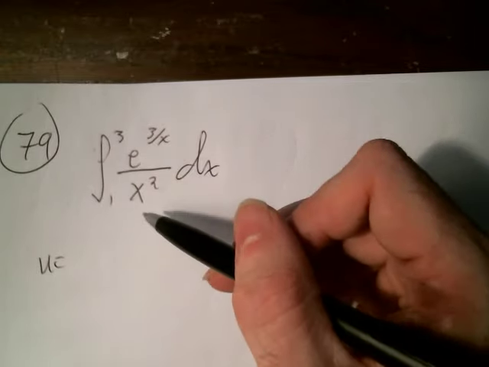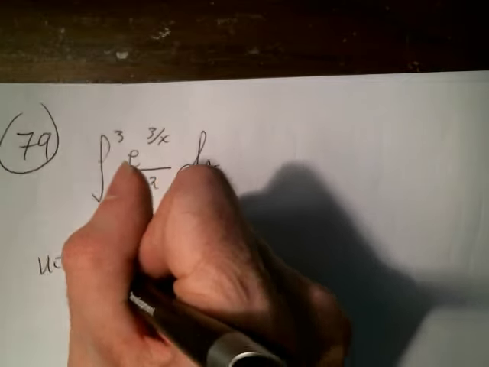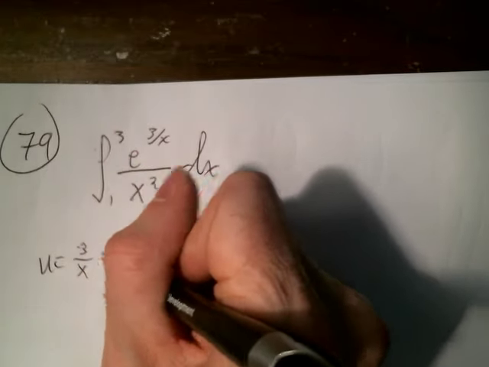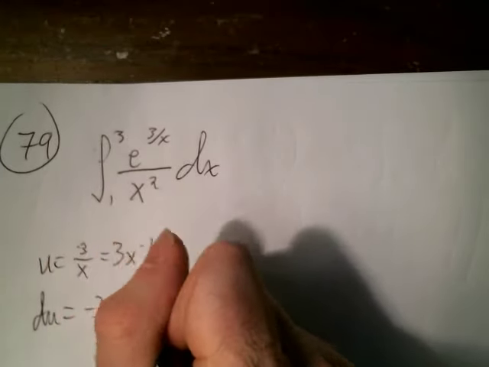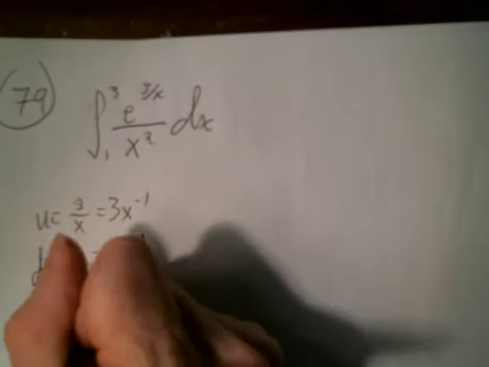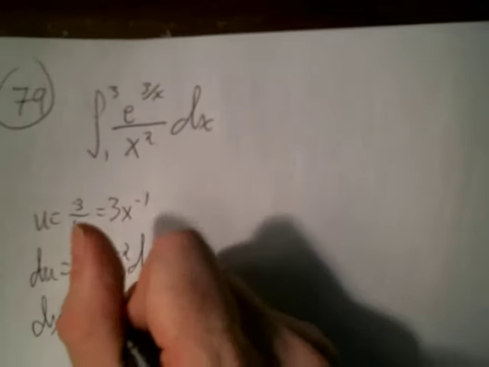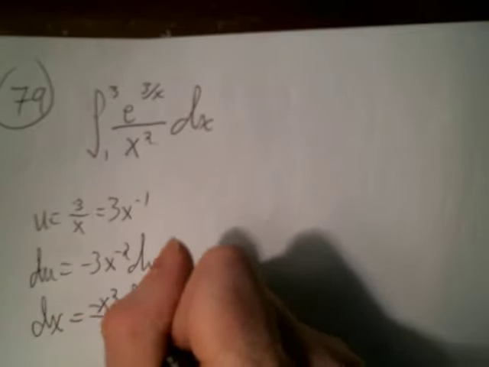It's actually negative 3 over x squared. So we'll let u be 3 over x, which you'd rather write as 3x to the negative 1. Then du is negative 3x to the negative 2 dx. So dx is going to be equal to negative x squared all over 3 du.